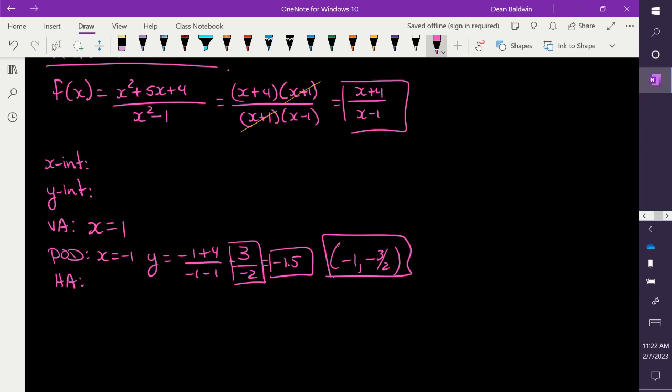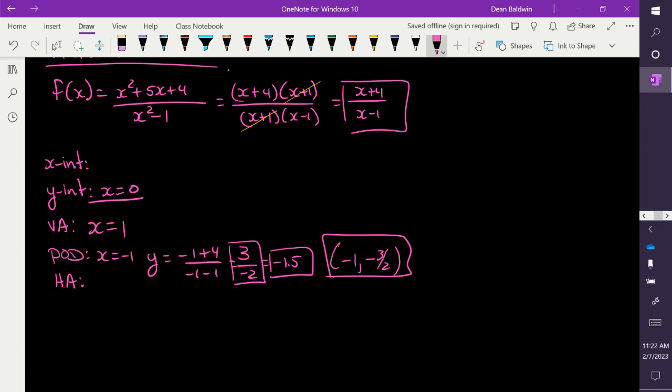We'll do the y-intercept because that's straightforward. What's the value of x at the y-intercept? 0. X is equal to 0 at the y-intercept. So you just plug it into either the original, all the x's will go away, you get 4 over -1, so it's -4, or you can plug it into the simplified version, 4 over -1.